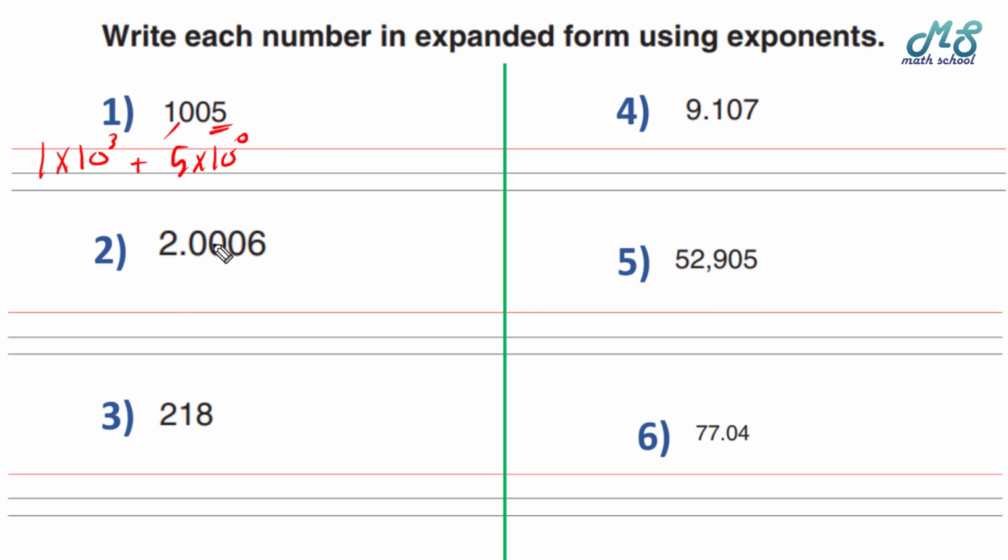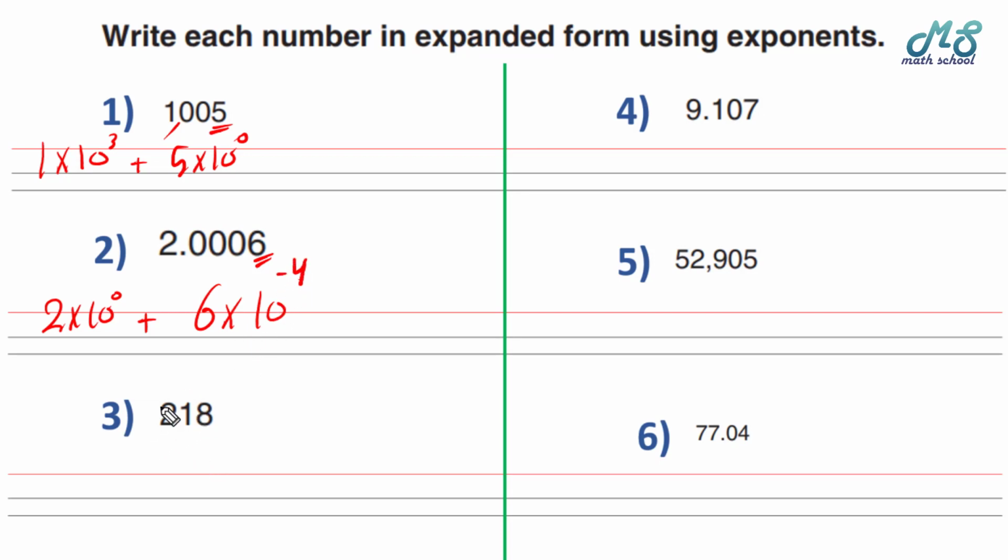Next, number 2, we have decimals. 2 in ones place, its value is equal to 2 times 10 raised to the power 0, which is 2 times 1 equals 2. 6 in what? How many decimal places? 4 decimal places. So its value is equal to 6 10,000th. We can write it as 6 times 10 raised to the power negative 4.